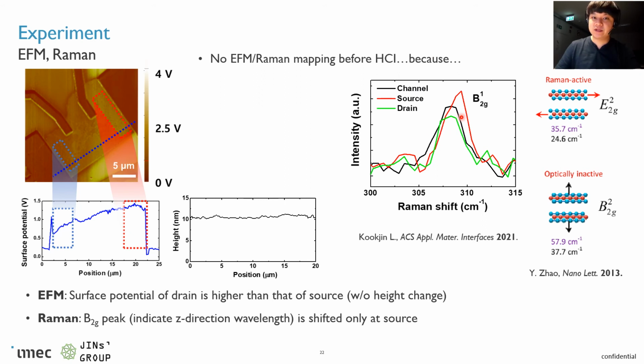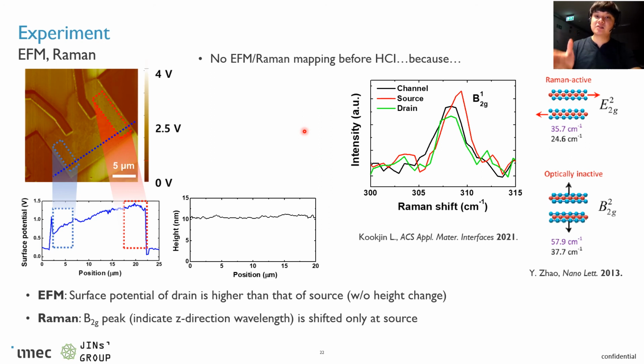And through Raman spectroscopy mapping, we analyzed peaks at the center, at a point near the source, and at a point near the drain. There was no change in E2g or A1g peaks.